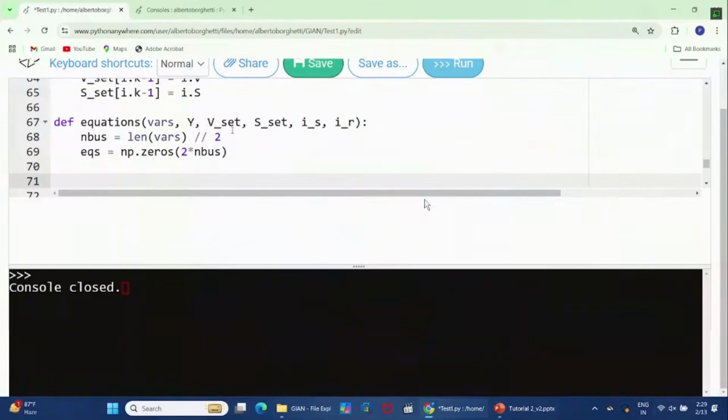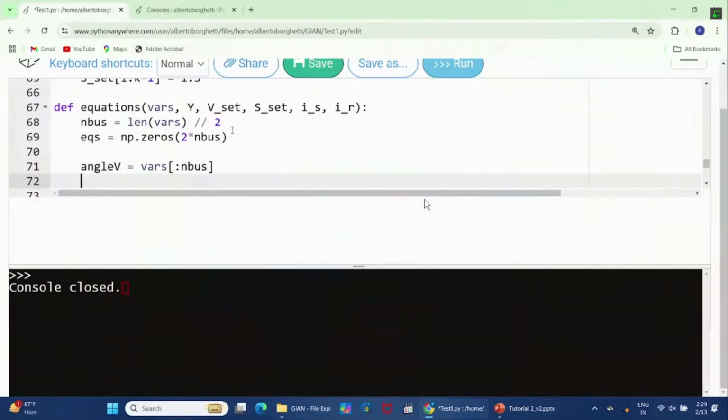So I can define angle, just in order to simplify the notation when we write the equations, angle equal to vars, but only the first n bus. In order to take the first ones, we don't write anything, just the colon and then n bus. So we extract from the vector of variables just the first n bus elements, and then abs V equal to vars, and then the last elements.